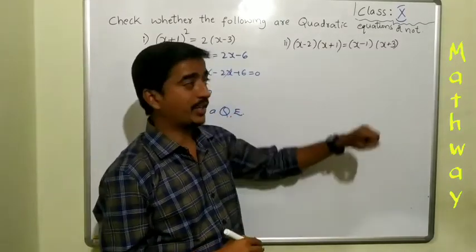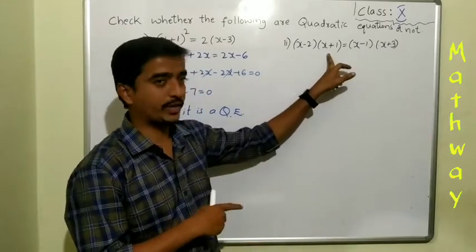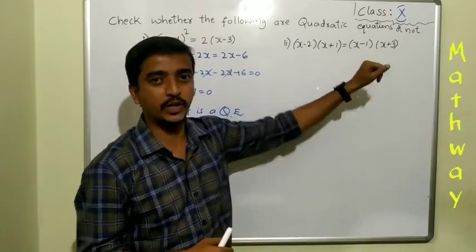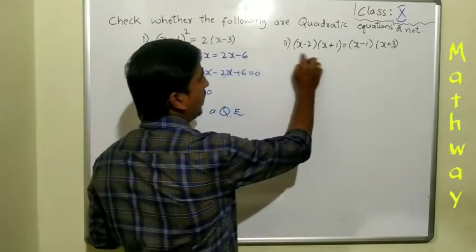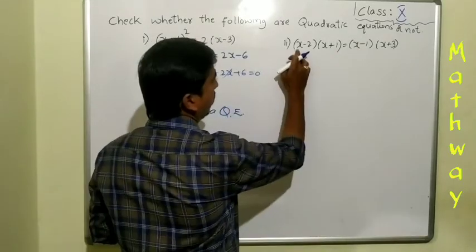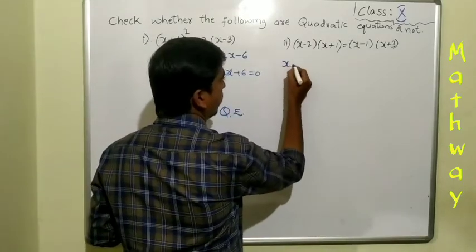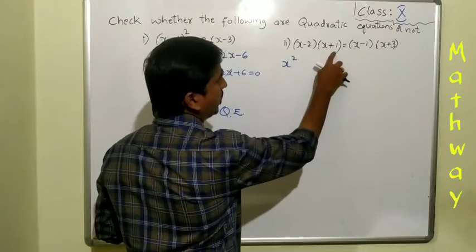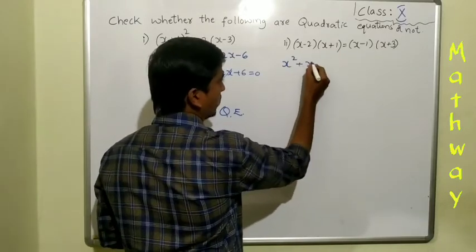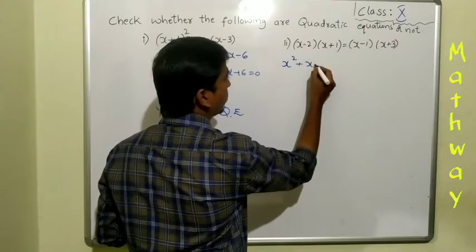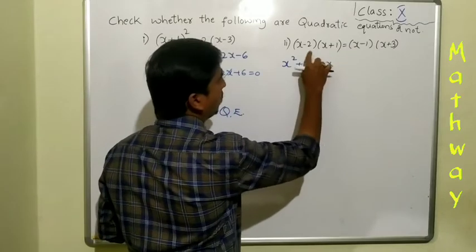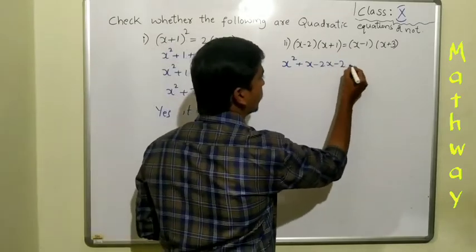So it is a quadratic equation. Yes, it is a quadratic equation. The second example is x minus 2 into x plus 1 equals to x minus 1 into x plus 3. Multiply the LHS terms and RHS terms. x into x, x square, x into 1, that is x, minus 2 into x, minus 2x, and minus 2 into 1, that is minus 2.